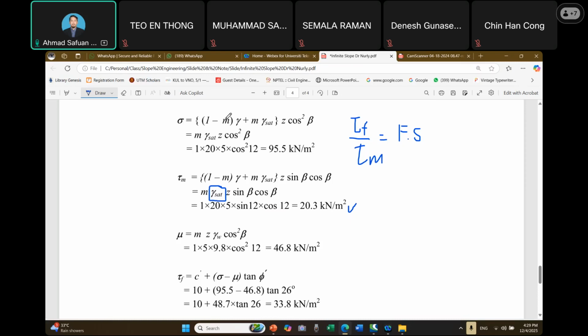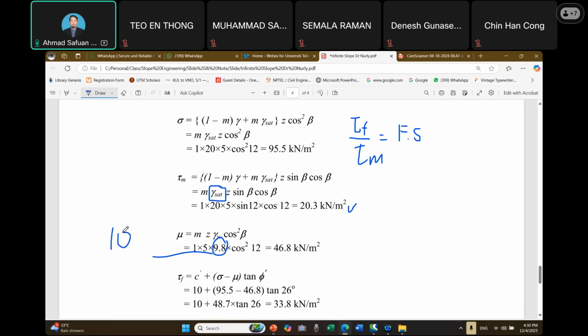Then for the pore water pressure, m times z times unit weight of water. In this case, we use 9.8. You can use 10, it's not necessary to use 9.8.